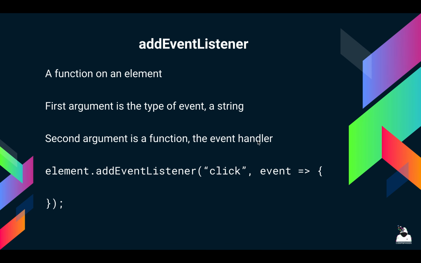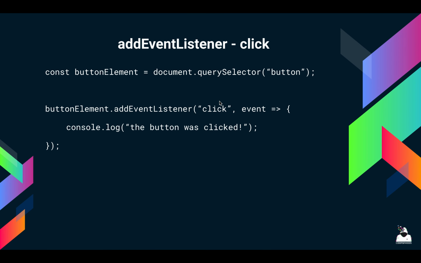I'm writing event here, in this one and in this one. But in both of those examples, we aren't actually using the event object inside the function. We're not doing anything with it. So, because it's optional, we don't really need to specify that argument. We can just have open and close brackets.